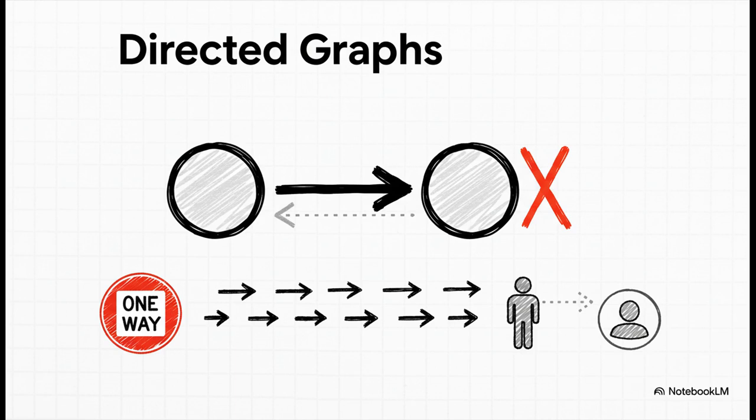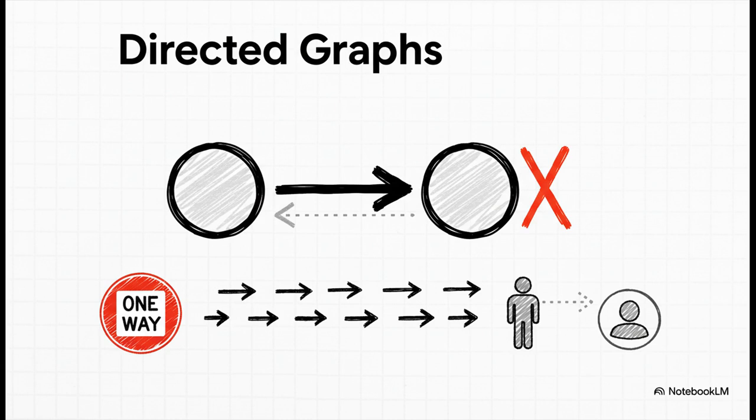These are called directed graphs, or digraphs for short. Here, the connection has a specific direction, usually shown with an arrow. An edge goes from A to B, but, and this is key, it does not automatically mean there's a connection going from B back to A. Think about following someone on Twitter or Instagram. You can follow them, but they don't necessarily have to follow you back.